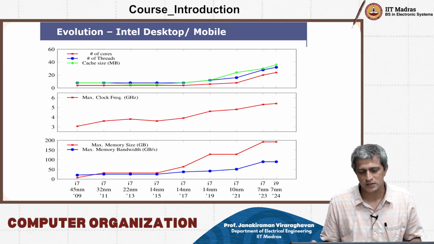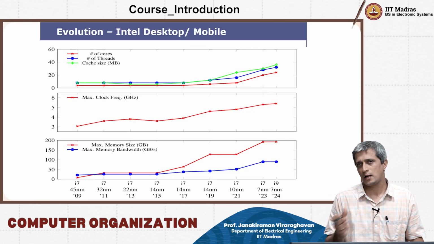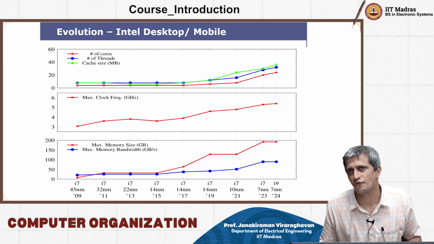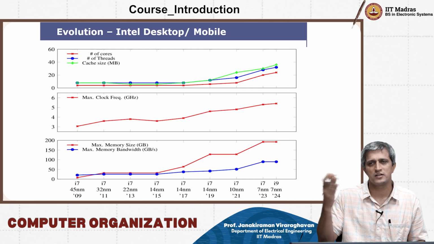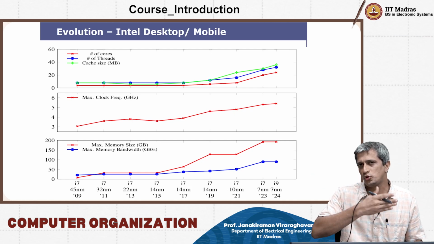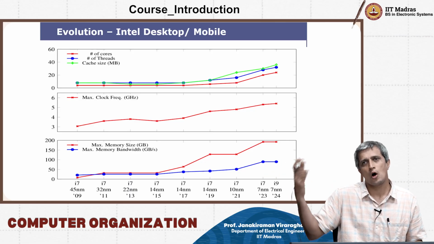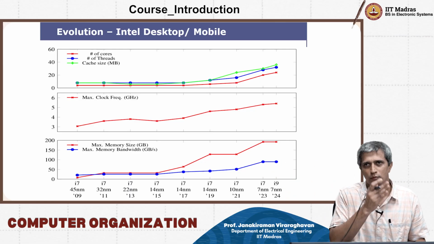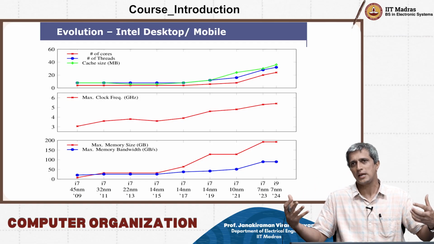Now the cache size is very important because you'll see in this course a little later that how you use the cache is very important for the performance of the processor, because there are various kinds of memory. You have the caches, you have the main memory which is sitting outside the processor, but that takes a long time to access data. So you have cache memories sitting in between your microprocessor and the main memory.